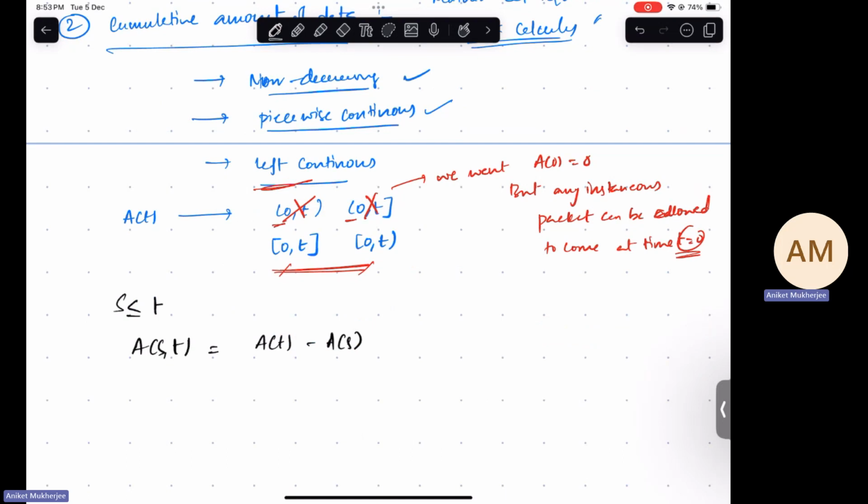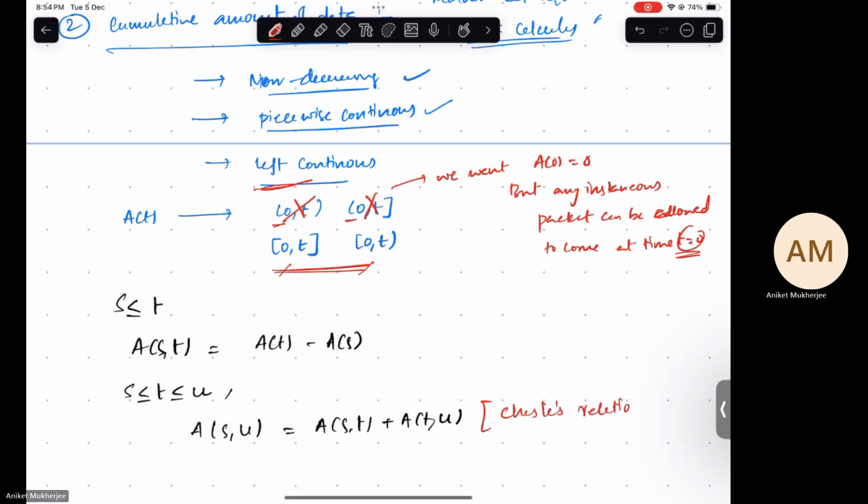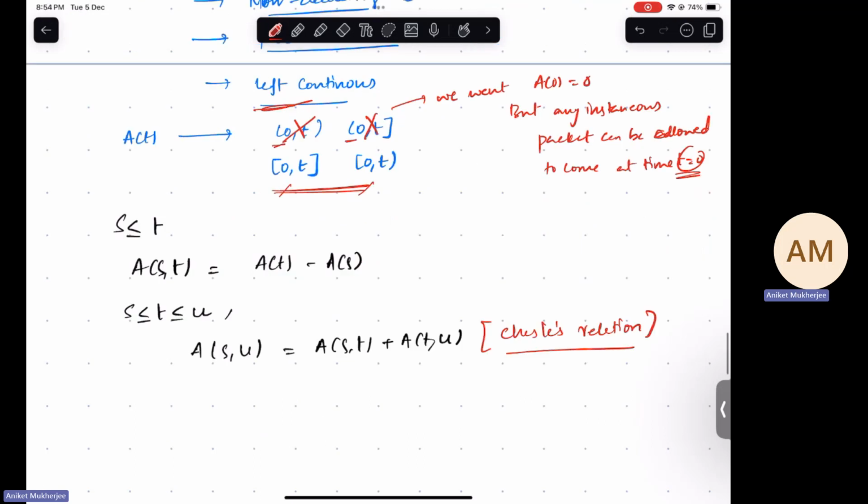And we also want to satisfy, suppose s is less than t less than u, A(s,u) equal to A(s,t) plus A(t,u). This is what we want to satisfy. This is known as the Chasles relation. We want the function that we're going to model the arrivals with to satisfy the Chasles relation.